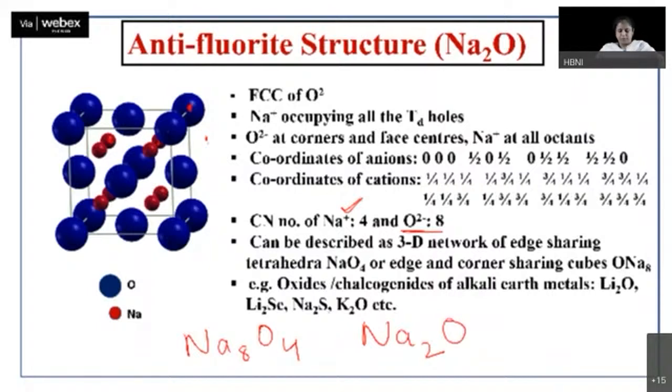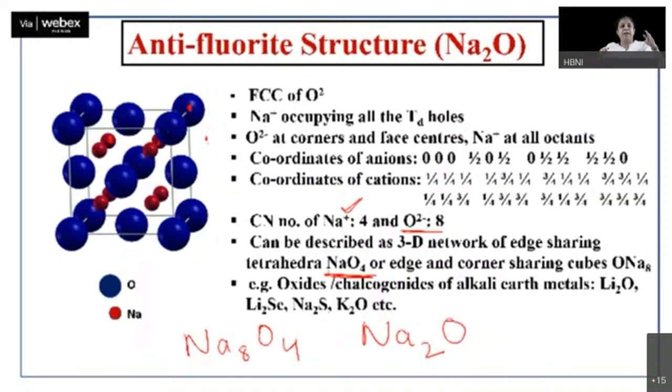Now, earlier in the zinc sulfide structure, when alternate tetrahedral voids were occupied, you had corner sharing tetrahedra. But here all the tetrahedral voids are occupied, so you have edge sharing NaO4 tetrahedra. Until now, we were discussing the shape of the atoms around a particular atom.